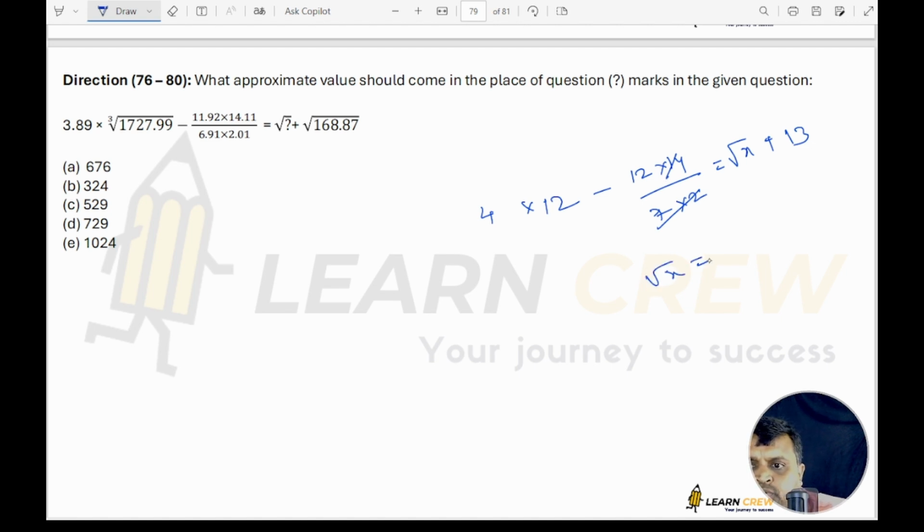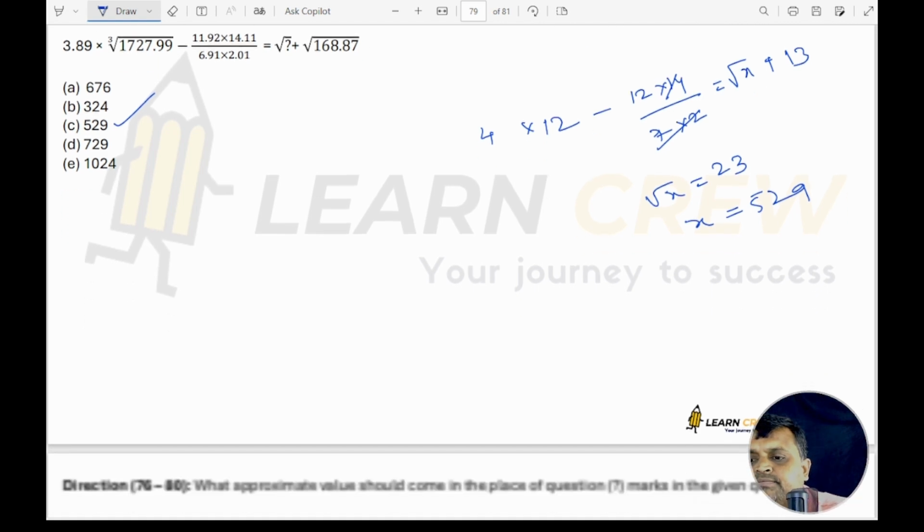Root x is 23. So x would be 23 square, which is 529. So the answer is 529.